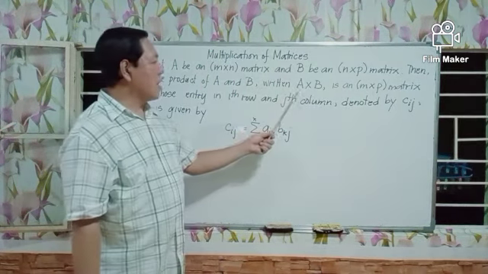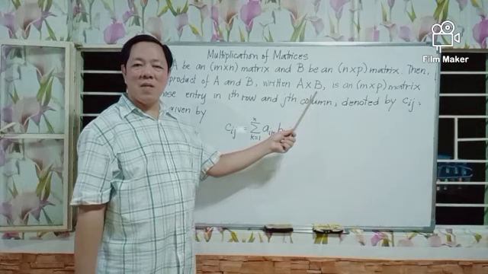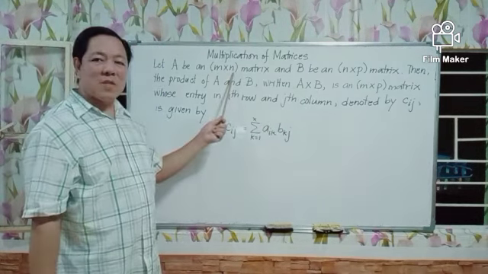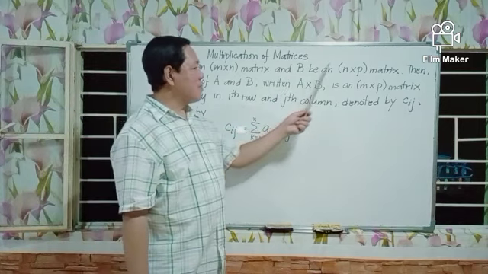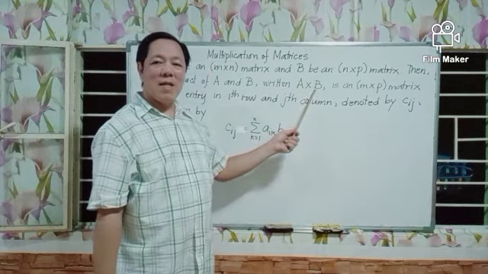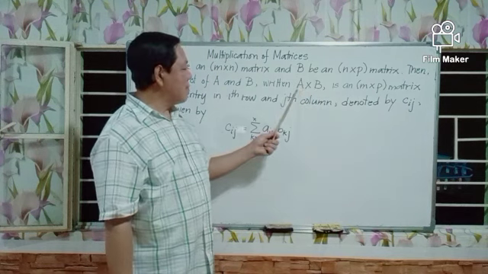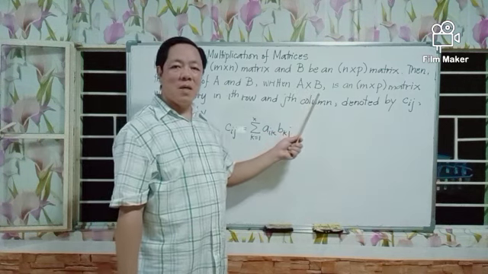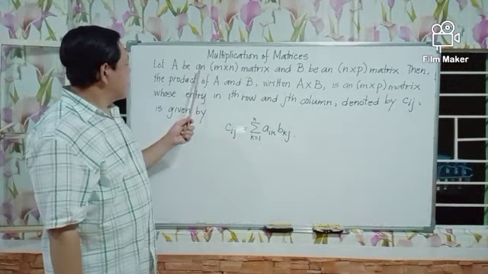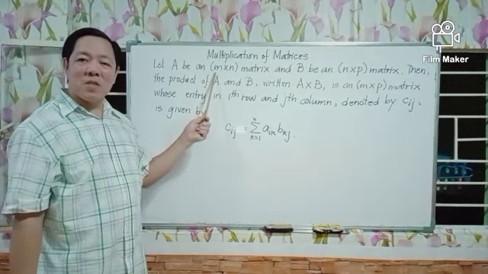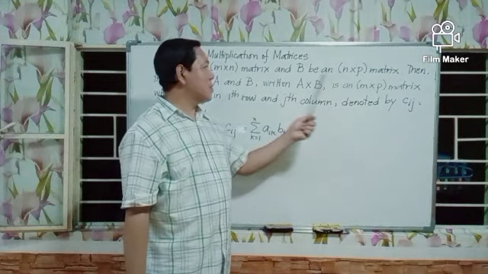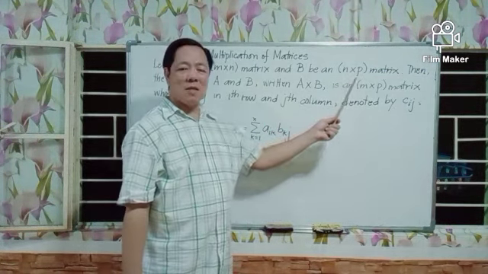For the product A times B to be defined, the number of columns of the first matrix must be equal to the number of rows of the second matrix B. And the size of the product A times B is the number of rows of the first matrix and the number of columns of the second matrix.